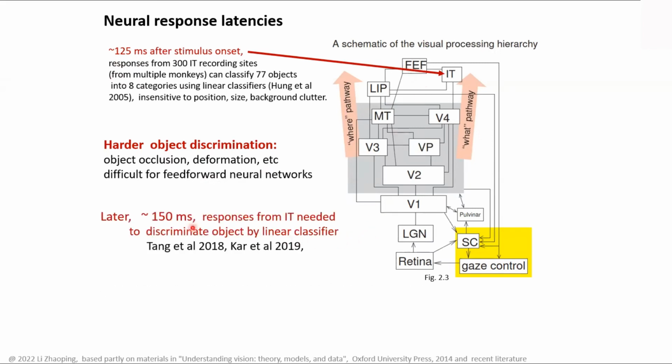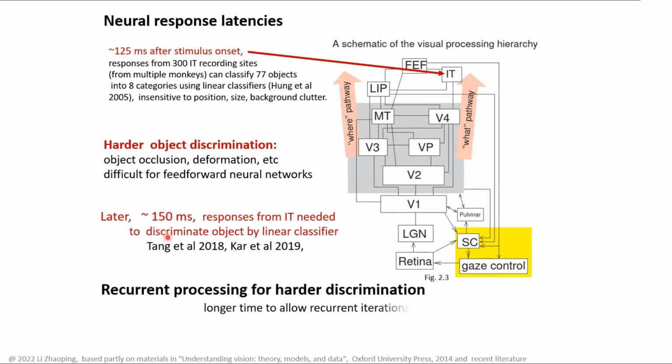You have to wait till 150 milliseconds, which is only 25 milliseconds longer, but nevertheless, now you can discriminate and classify these objects better than just purely feed-forward at 125. So from 125 to 150, some recurrent processing is going on, yeah? And so this is one indication.